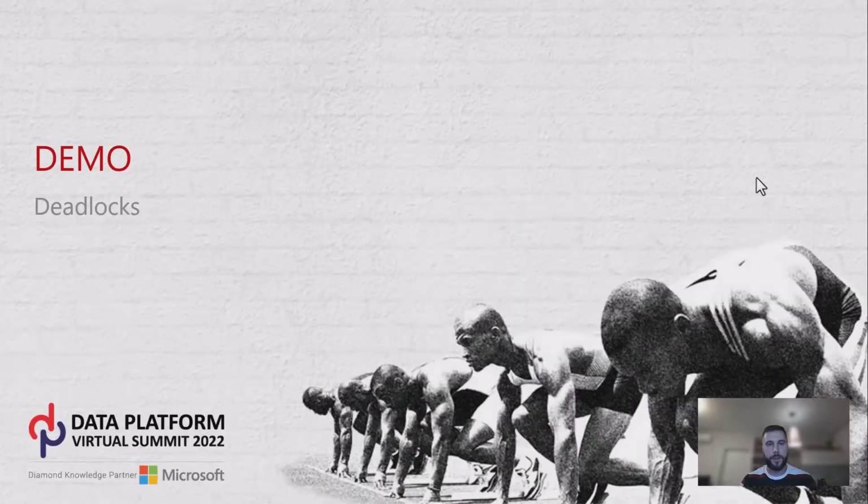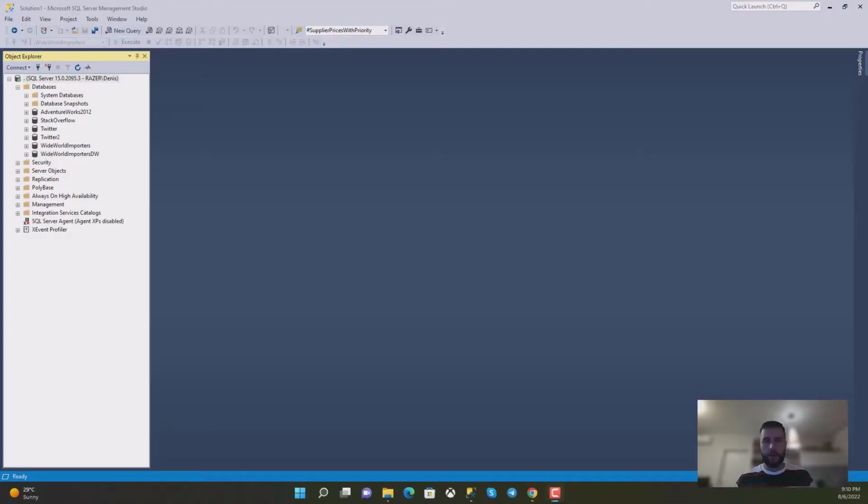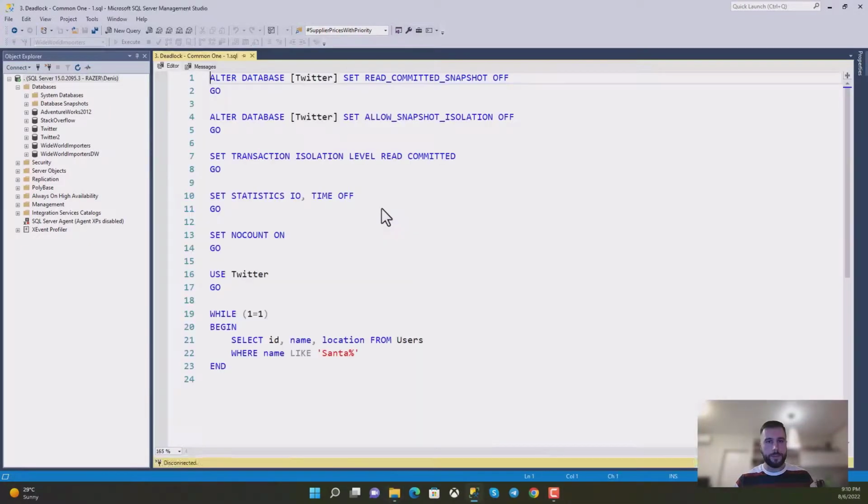Okay, now it's time for a small demo where we will see the locking behavior, and the best illustration for locking and blocking will be deadlocks. So for this demo, I have two queries.